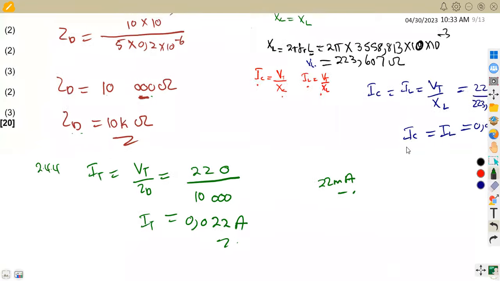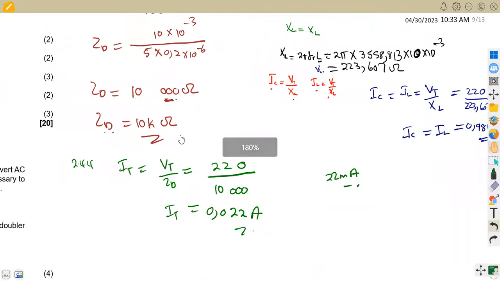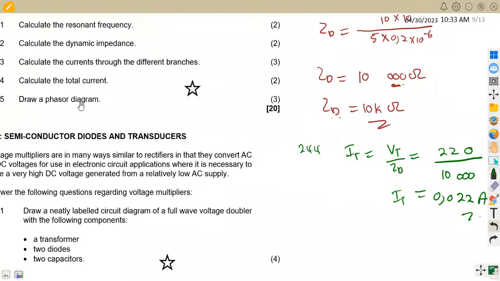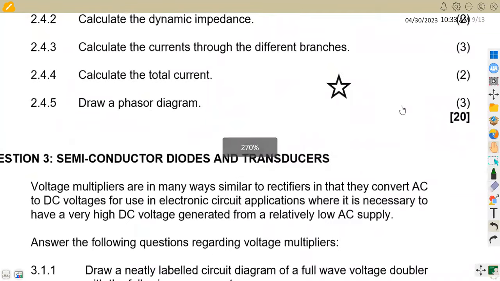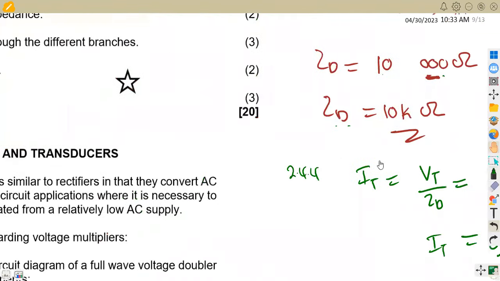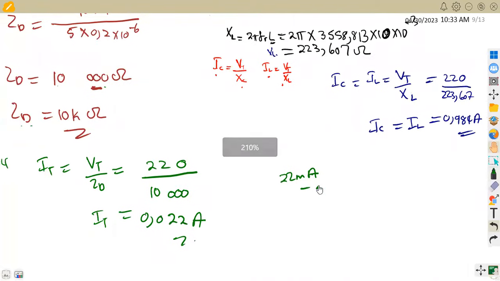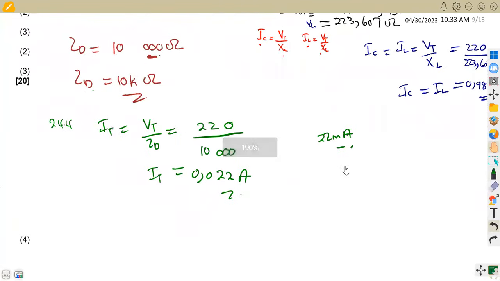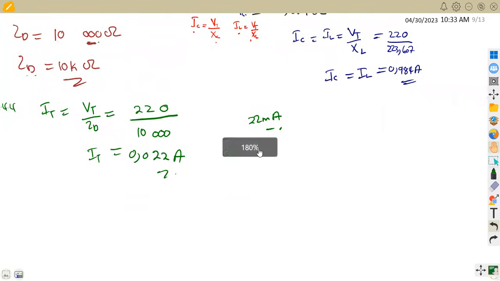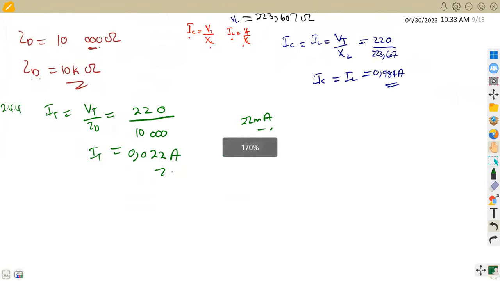With everything that we are given now, we are asked to conclude this with a phasor diagram of this information. So like I said before, if you are to draw a phasor diagram, take note that these two currents, IC and IL, are the same. Which means we are going to have these in opposite directions, in a vertical line. So this is 2.45.